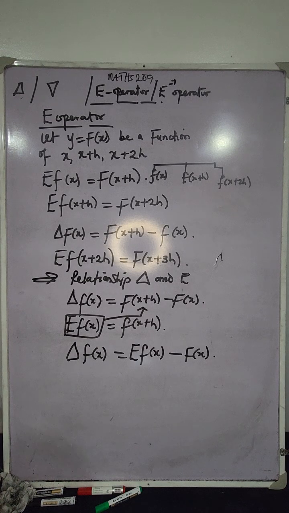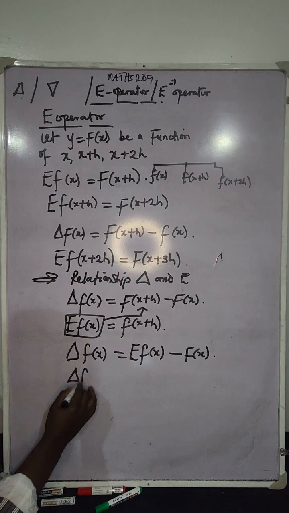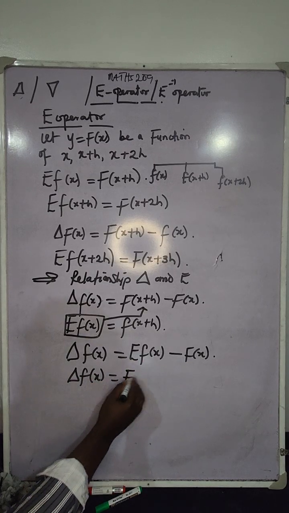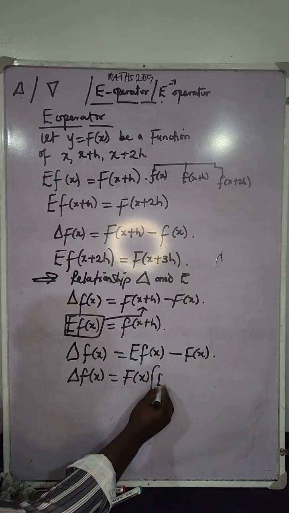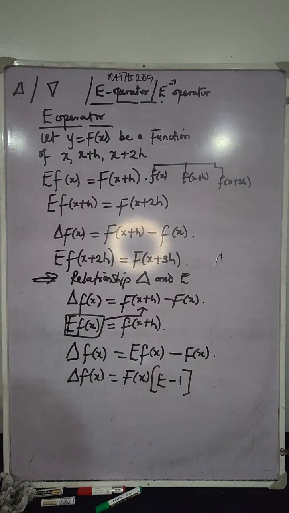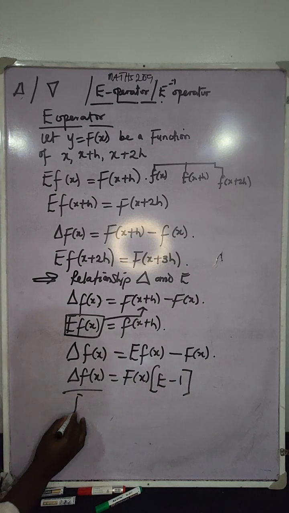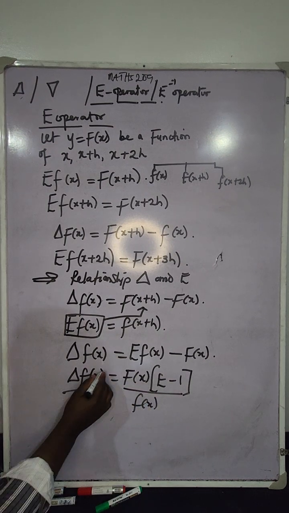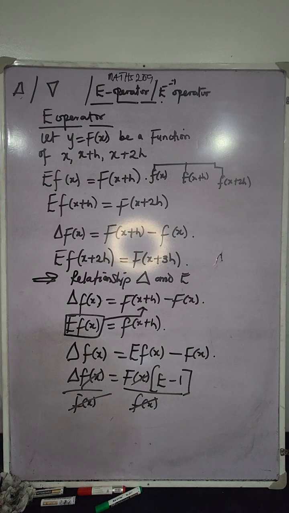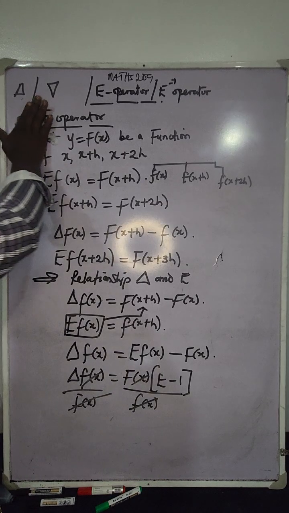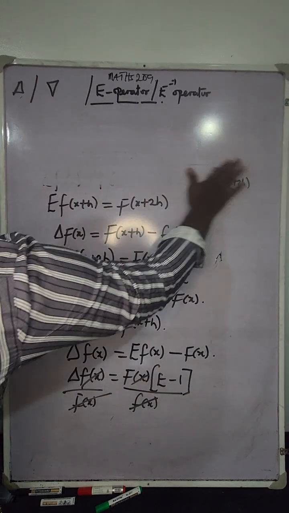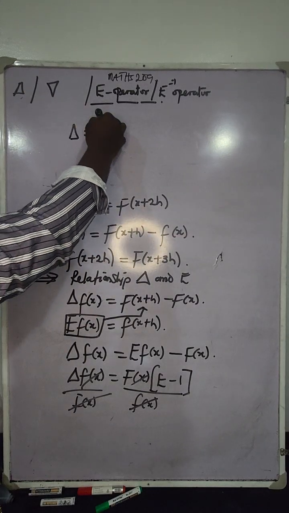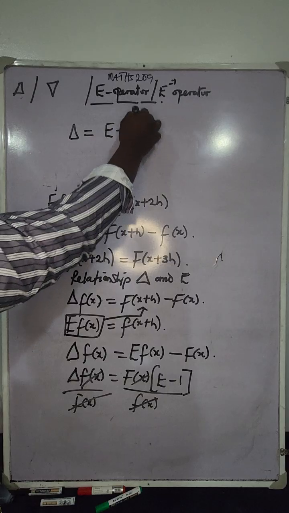At the same time, we can now factorize: E f of x minus f of x is f of x into the bracket of E minus 1. So we can divide through by f of x, and the forward difference will be E minus 1.